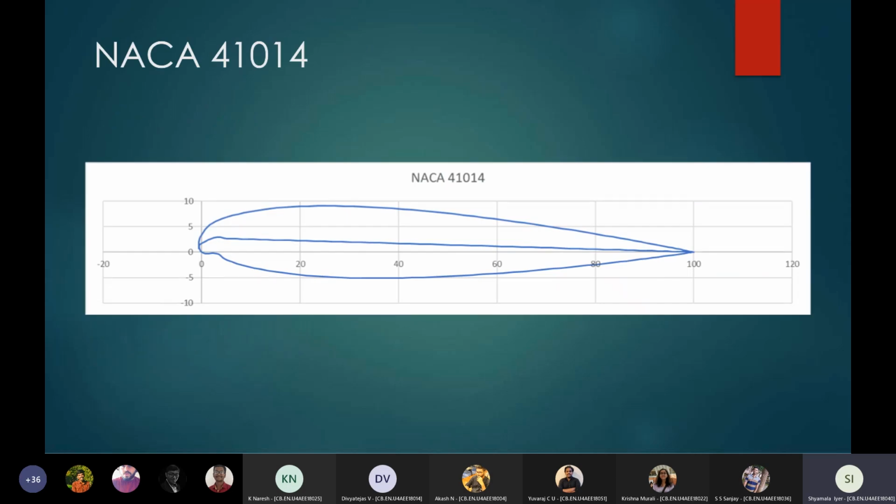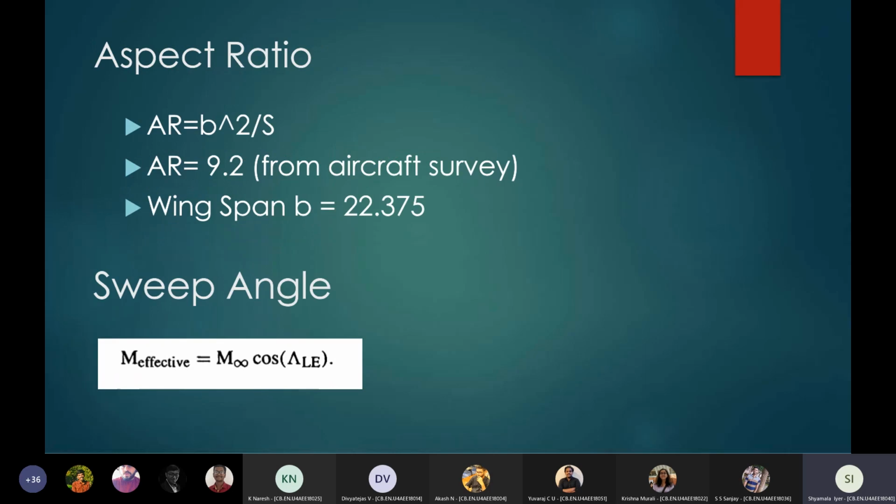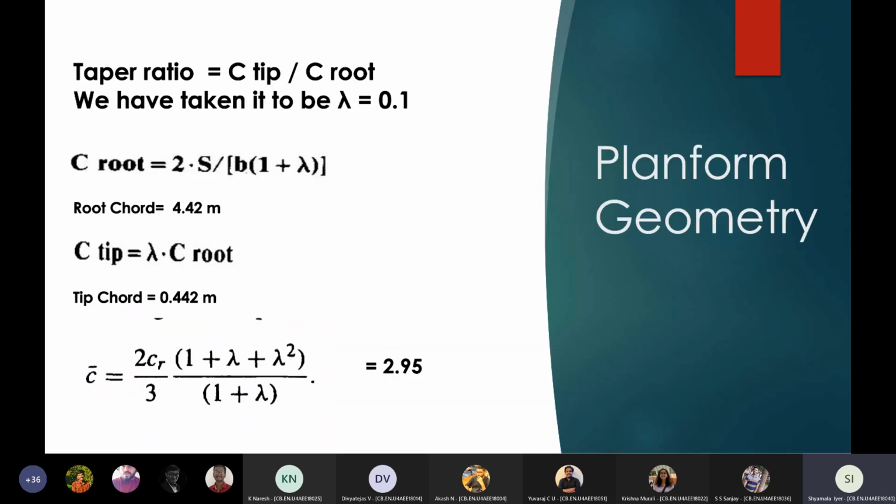Ours is NACA 41014. And our planform area is as such. We got the S from here, and then we also got the wingspan. Our sweep angle was 0 because ours is nearing Mach number 4, and this is our taper ratio.